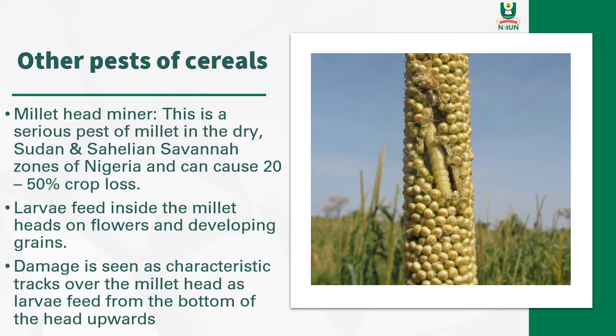It feeds inside the millet heads on flowers and developing grains, so it does not allow the grain to develop. The damage is seen as a characteristic track over the millet head as the larvae feeds from the bottom to the head of the millet.